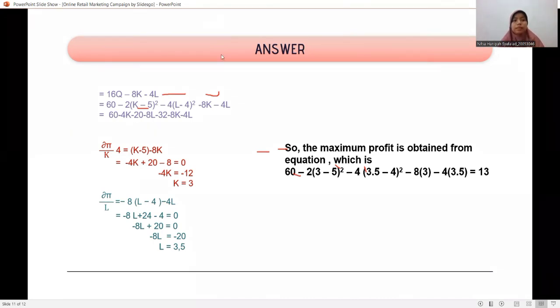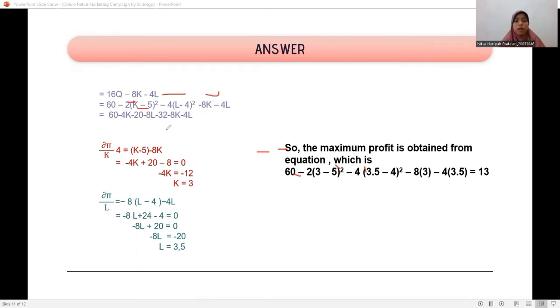We calculate the cross derivative: 2 times K, 2 times 5, 20, and here 4L, 4 times 4.